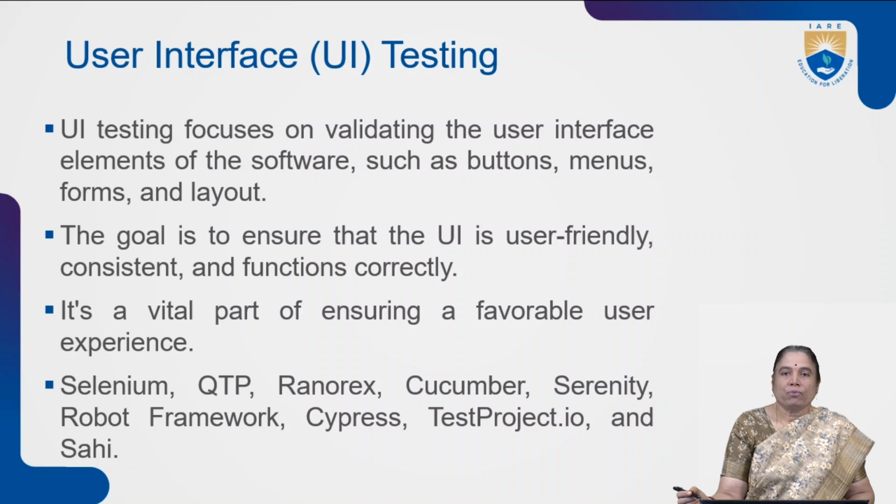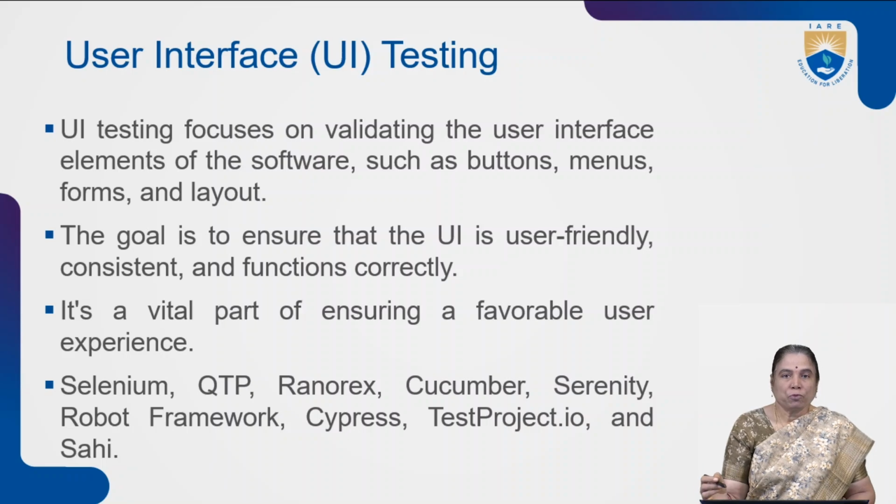Another variety of black box testing is user interface testing. So, the major motto of black box testing is functionality testing and to test the user interactions with the software. So, UI testing plays a major role in black box testing.